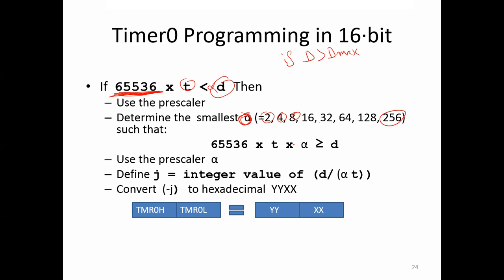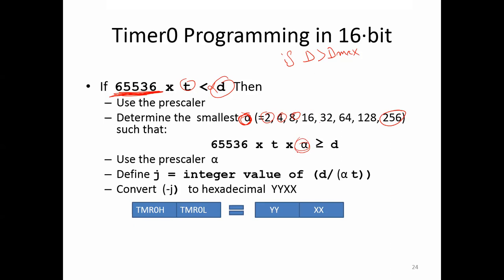We substitute for T and D, and then we have one unknown. We want to find alpha.